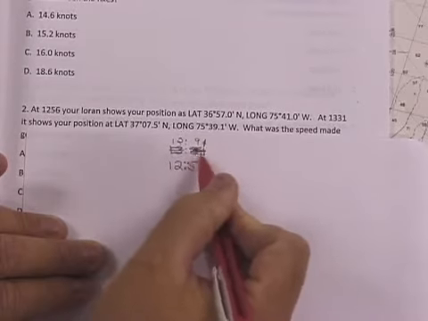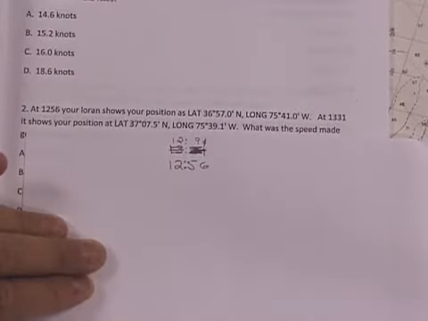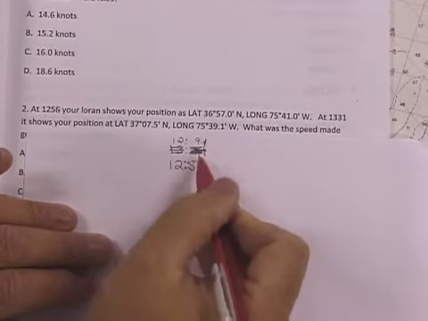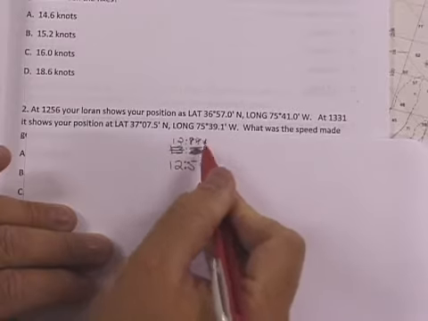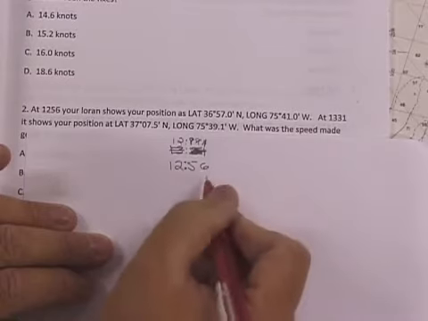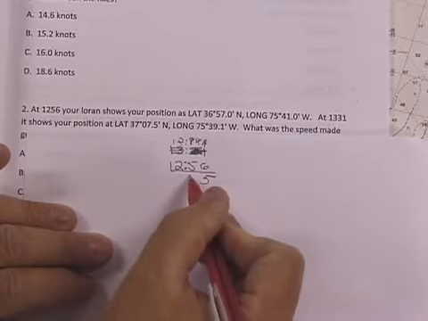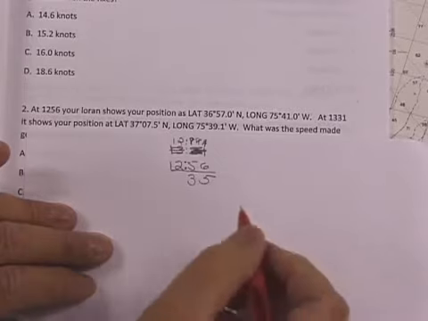Now I can work this problem. I can take 56 minutes from 91 minutes. 6 from 11 is 5. And now 5 from 8 is 3. So I have 35 minutes.